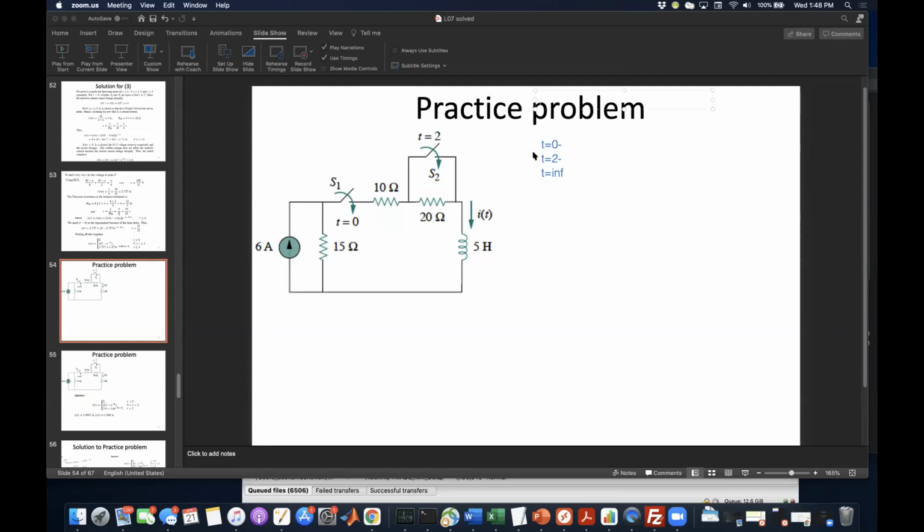And I will try to demonstrate how to go about solving these problems that have multiple switches. So let's draw this circuit at time equals 0.